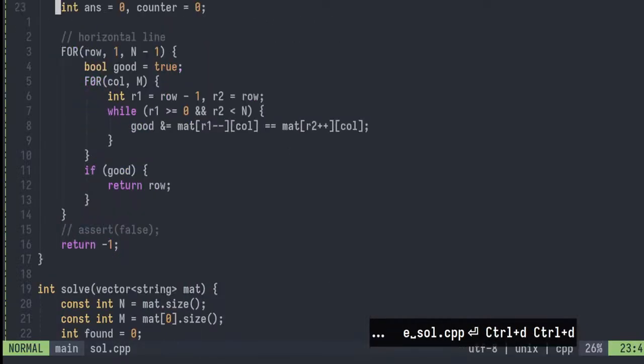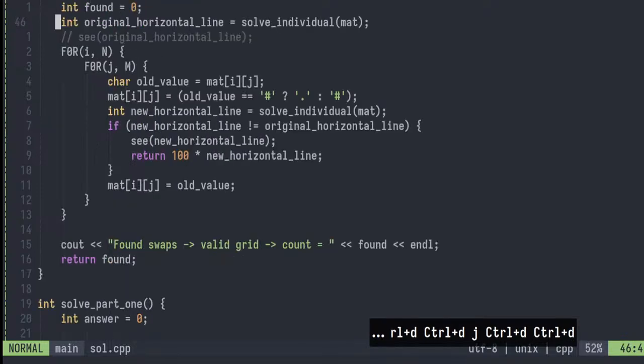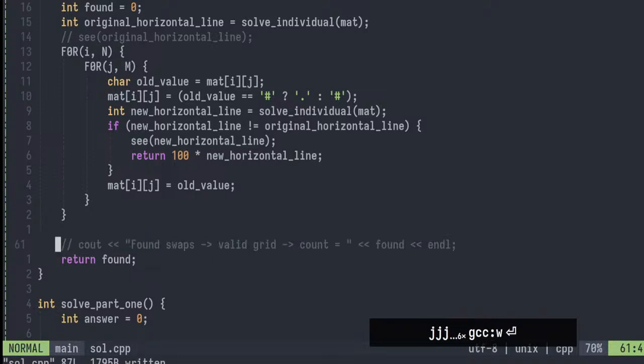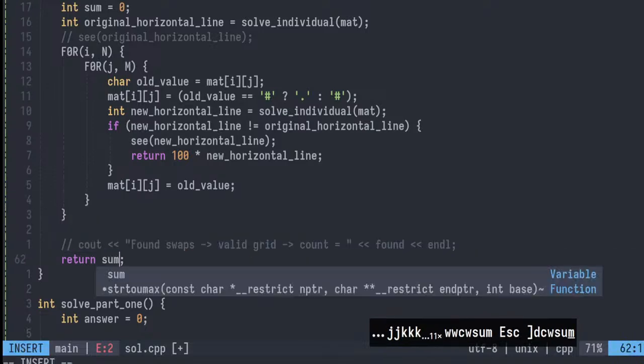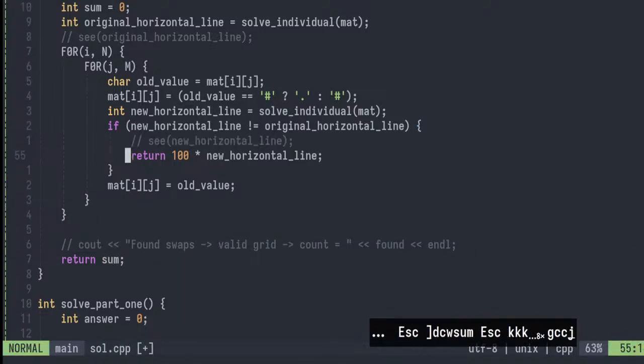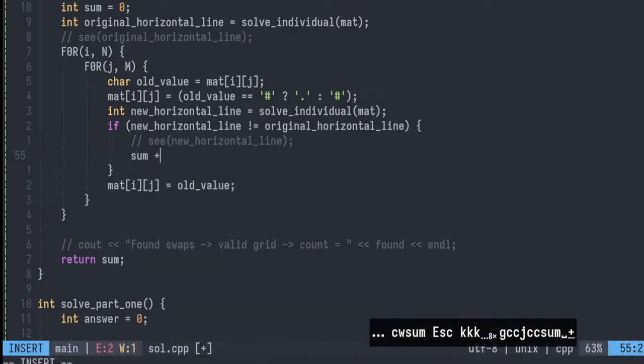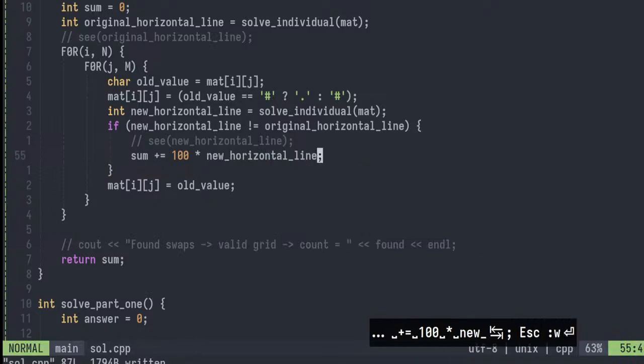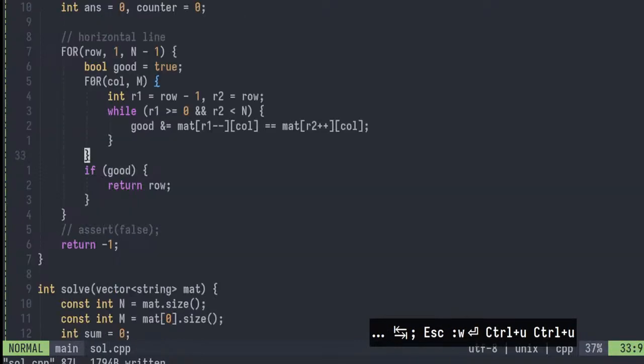Now what I wanted to do here is sum up for all of them.